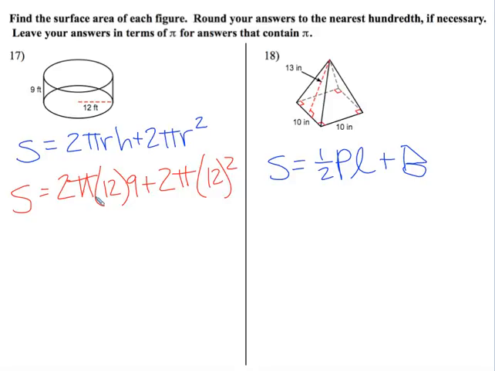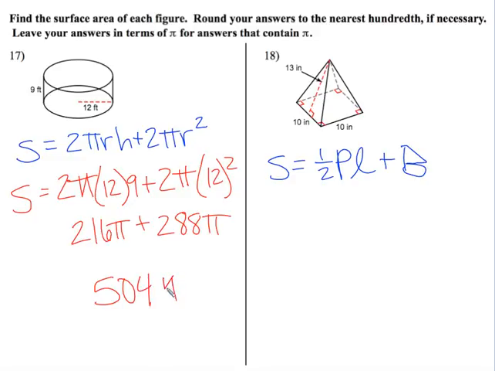So 2 times 12 times 9 is 216 pi for this first section. Then 144 times 2 is 288 pi. And then add 288 plus 216 and you get 504 pi.